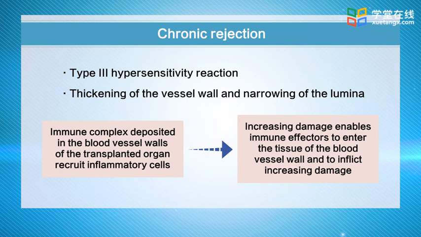In both situations, the culprits are believed to be T cells that react against graft alloantigens and secrete cytokines, which stimulate the proliferation and activation of fibroblasts and vascular smooth muscle cells in the graft.